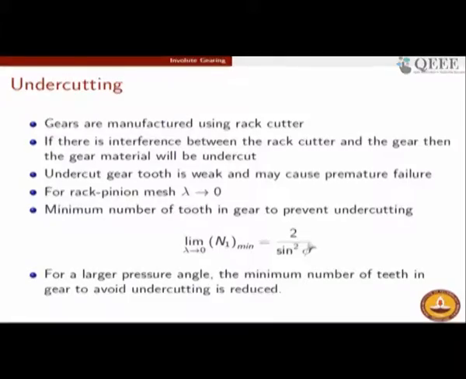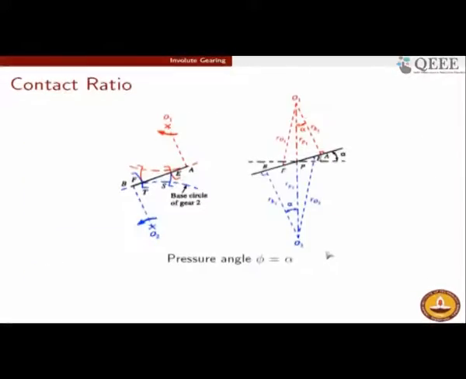If you have a gear with a number of teeth less than 18, then that gear is susceptible to undercutting during its manufacturing operations if it were to be done using a rack cutter. Okay, now we come to another important concept, that of contact ratio.